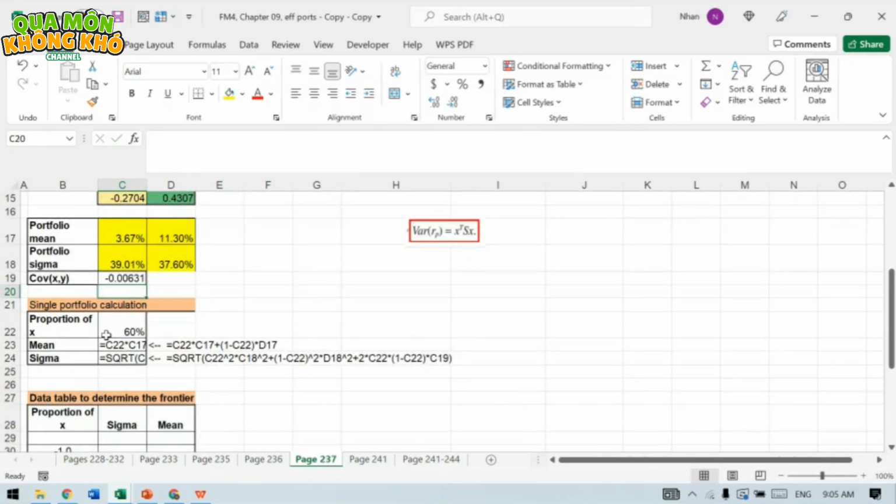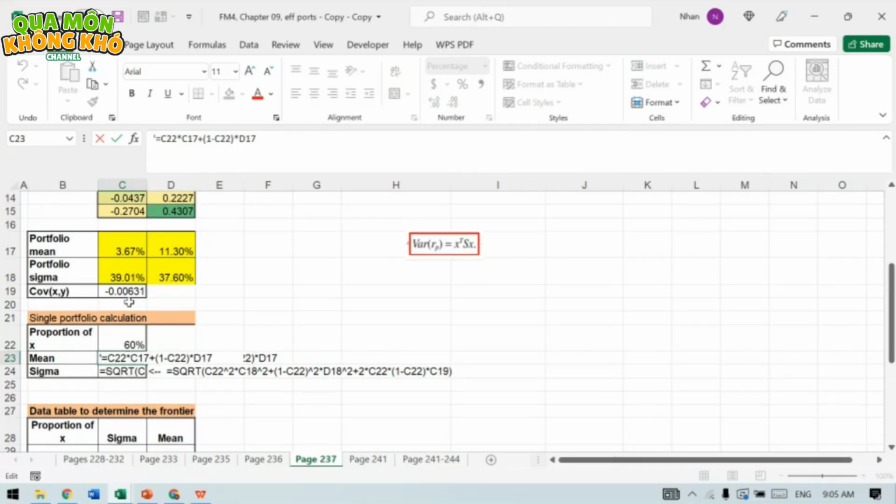So the proportion, I just give randomly like before. I give it 60%, and I calculate it by the proportion of X multiplied by the mean and the proportion of Y multiplied with its mean.